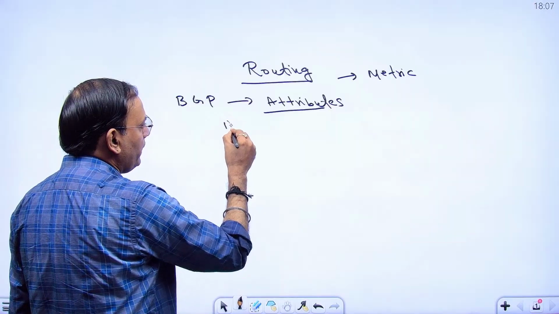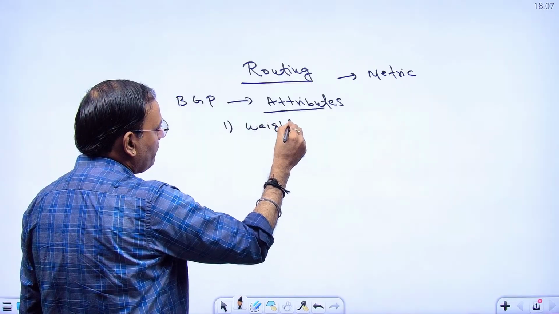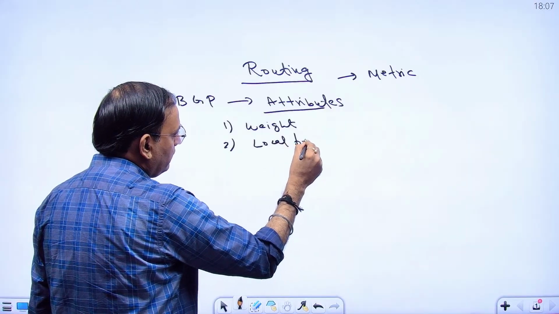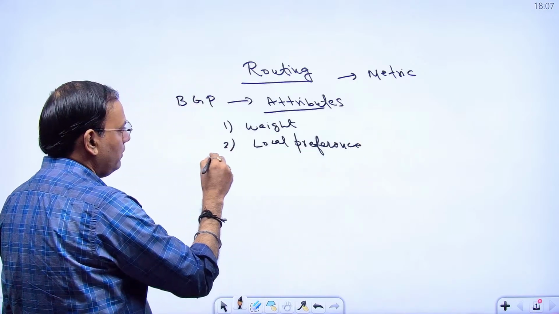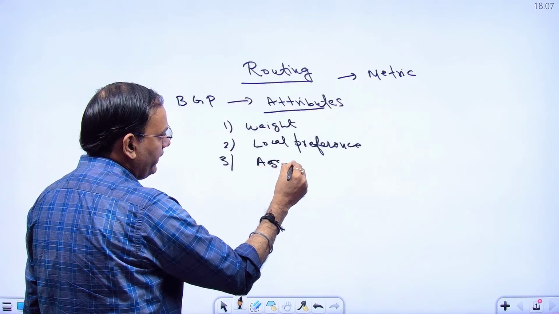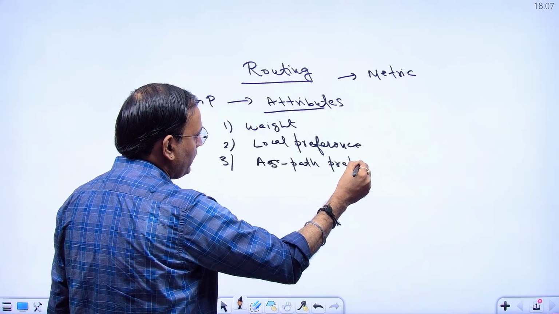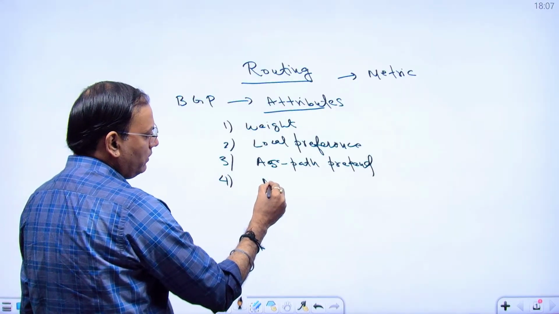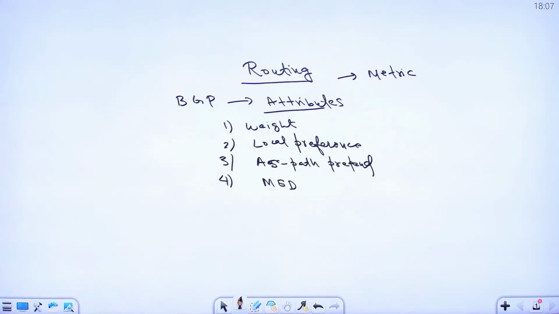So the metric of BGP is basically weight, local preference, AS path prepend, MED. Various types of attributes are there which are used for manipulation of BGP metric. We will not go into detail today because today's topic is different.